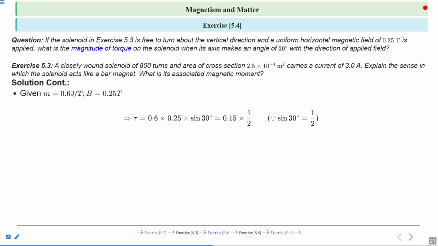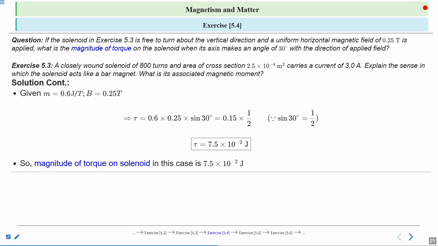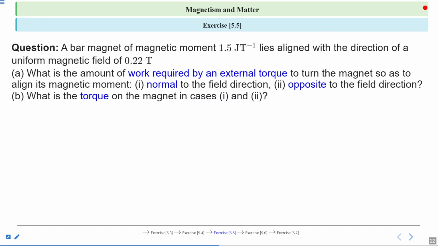And 0.6 into 0.25 will become 0.15. So tau will be equal to 7.5 into 10 to the power minus 2 joule. So magnitude of the torque on the solenoid in this case is 7.5 into 10 to the power minus 2 joule. Okay. Now next question.